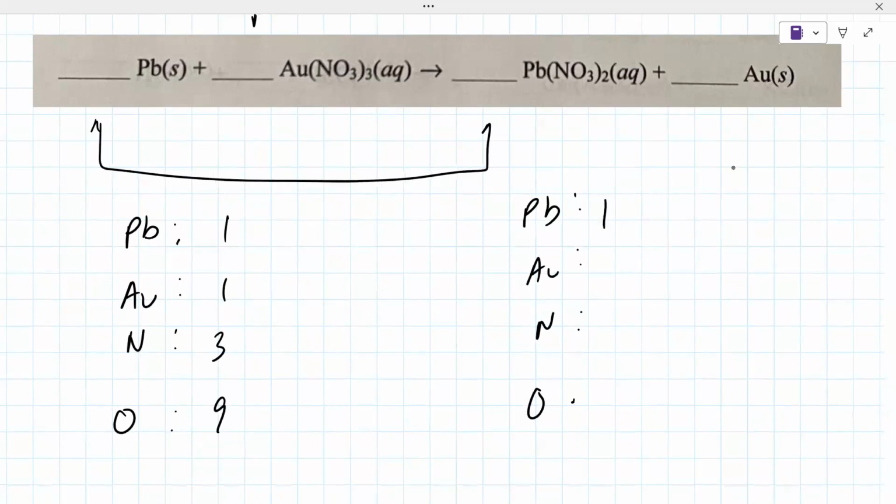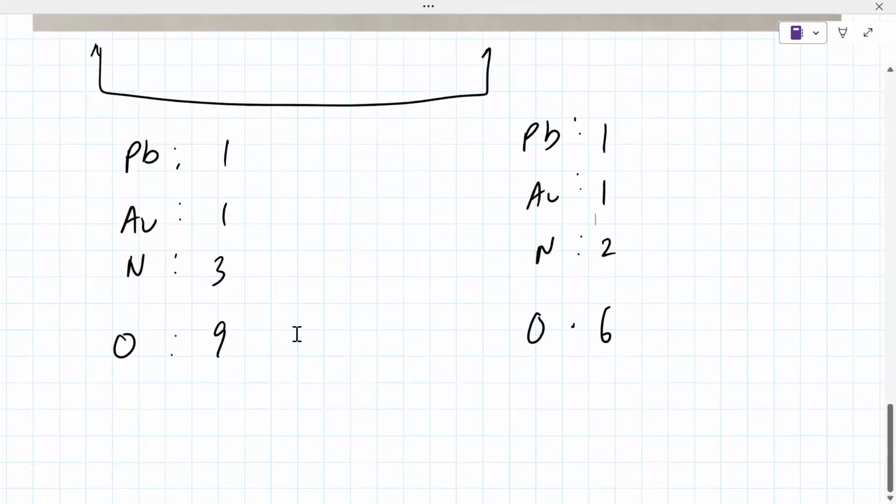So we got one, we got two, and we got 6 and 1. We need to get more of these over here, right? But you can't go from 6 to 9.